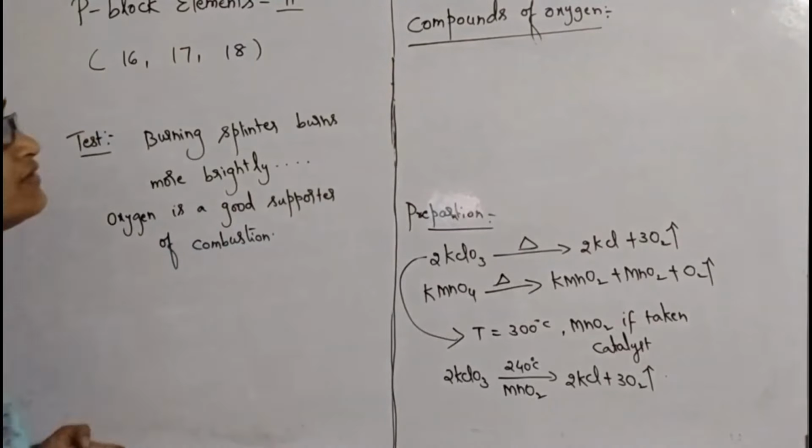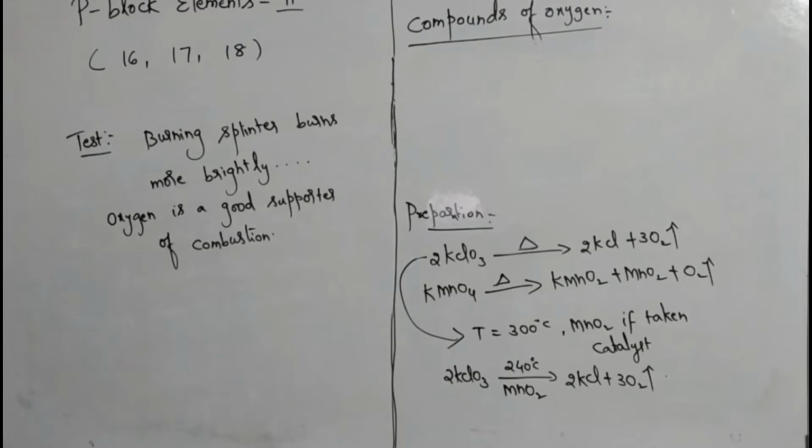Next, compound of oxygen. Next compound of oxygen, it is ozone. Uses of oxygen and all, you have certain uses. Once you check with the textbook, you have your NCERT textbook with you, so you can check with that. Next we go for ozone.